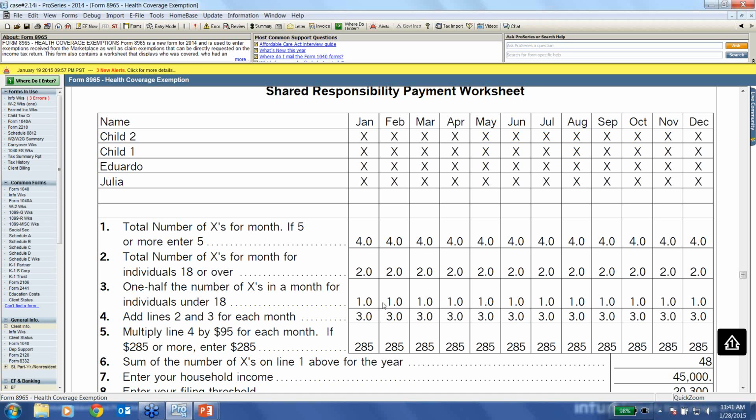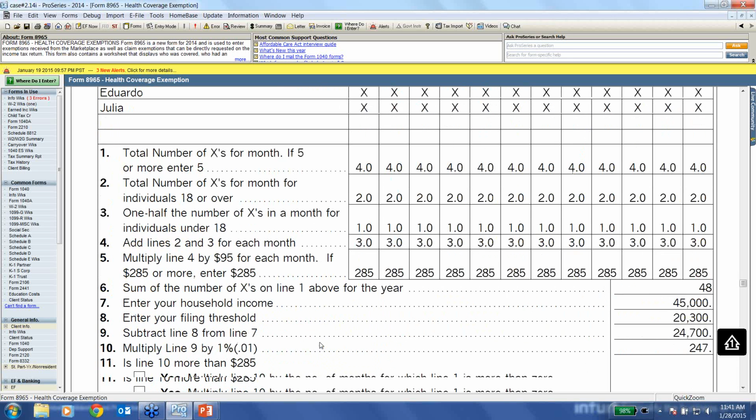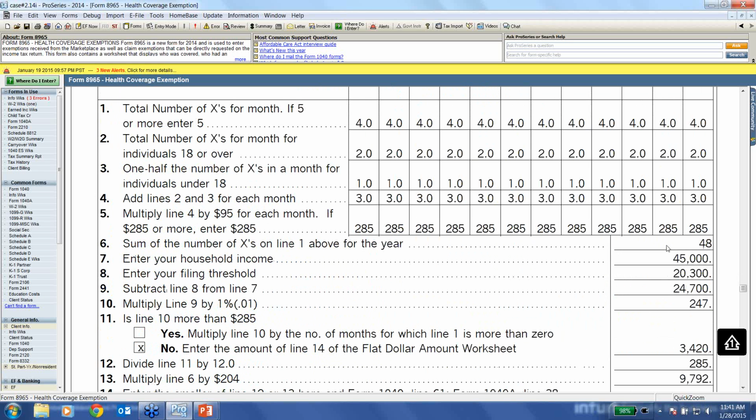Instead of flat dollar of $95, it is half that amount, $47.50. So we have a 1 on line 3 across the board. We total it up, and we have 3s across the board. Multiply that by 95, and we have a flat dollar amount of $285 across the board. Line 6 gets a 48.